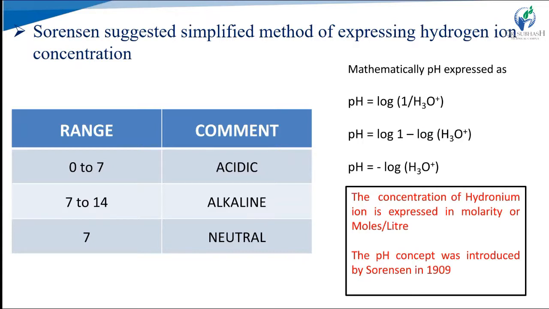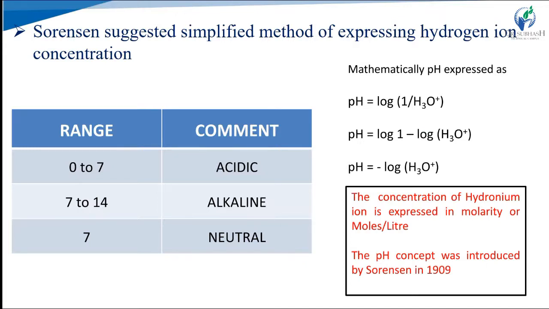Where H plus is greater than OH minus, the solution is acidic in nature. If OH minus, the hydroxide ion concentration, is greater than hydrogen ion H plus, the solution is basic, alkaline in nature. And when H plus and OH minus ions are equal in the solution, it is neutral, so pH 7.